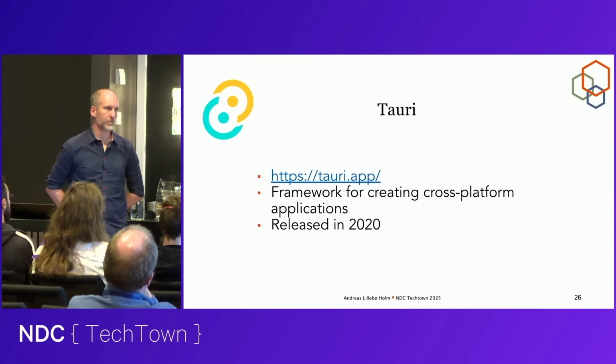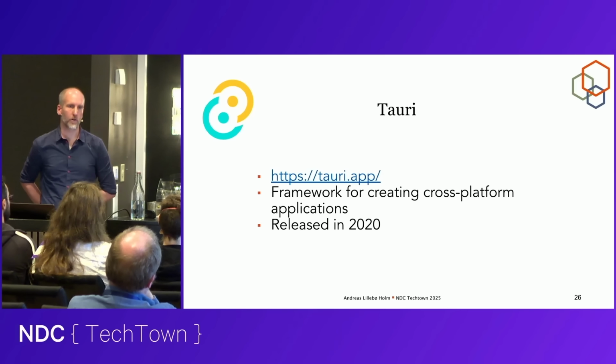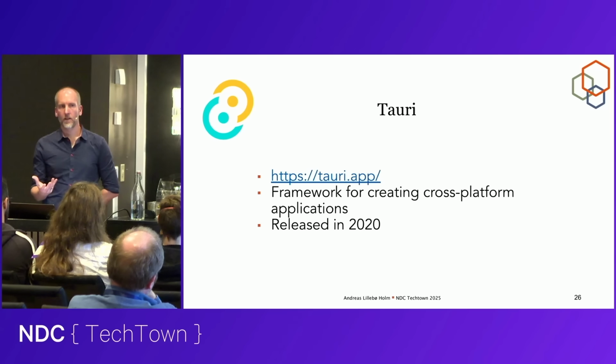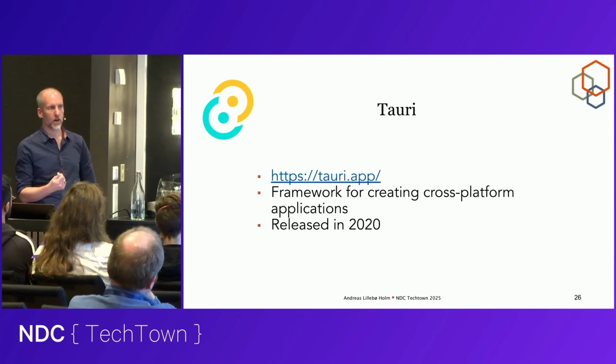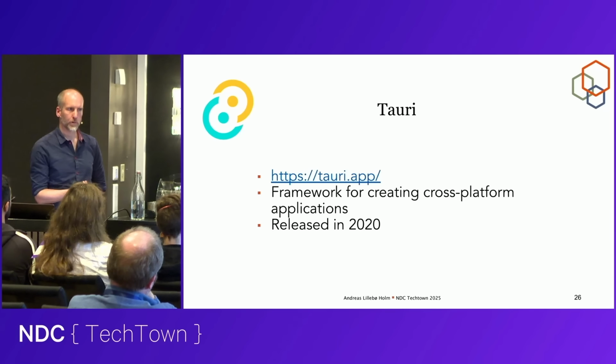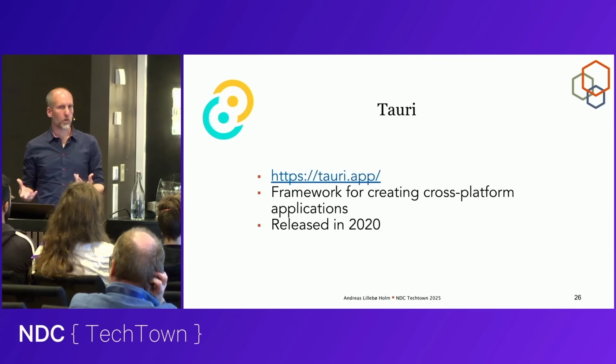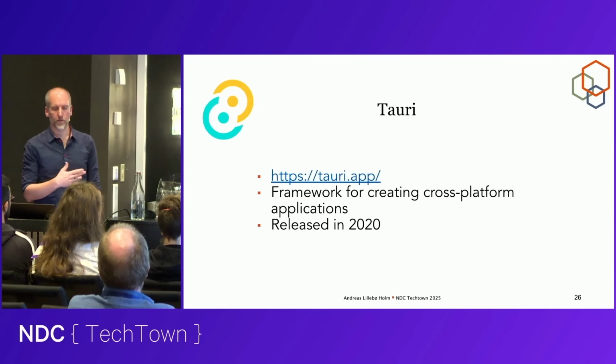So it's a bit newer and hasn't been around that long. So the adoption for Tauri hasn't come that much yet. But I do believe the Arc browser, for instance, is built on Tauri. And there are more applications coming that are built on this framework.